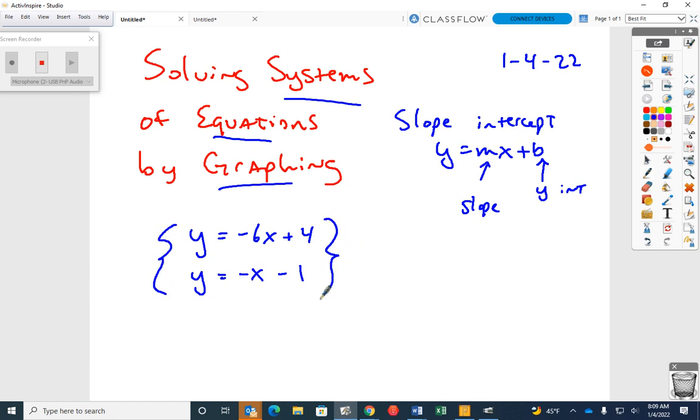Do I have more than one equation there? I do. I have two equations. And so what I'm going to do is find out what x is and what y is. You think you can look at that and figure out what x is and y is? And it's going to be the same for both of these because it's a system. Okay, that's pretty difficult, right?